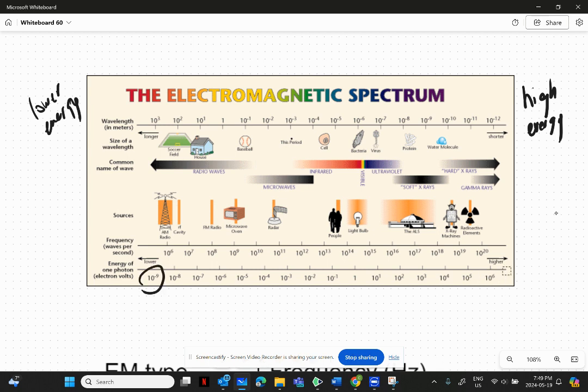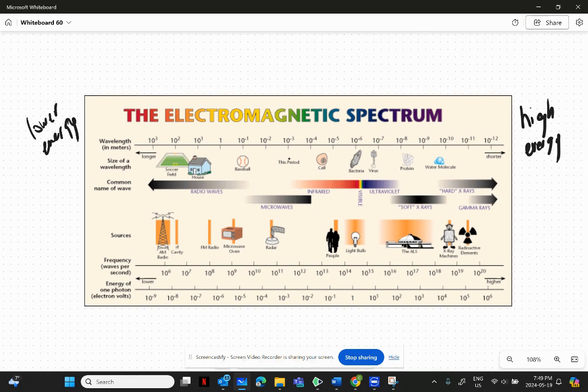This isn't a bad spectrum chart. There's a whole bunch of them. I just grabbed this from Google, so you can find whatever one you want. But if I was writing a test or the diploma, and I'm having trouble with the electromagnetic spectrum, the very first thing I do is take a blank sheet of paper and write on the right hand side high energy and the left hand side lower energy.